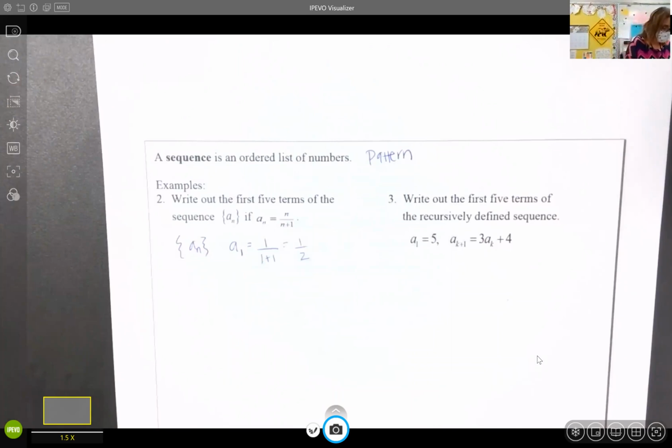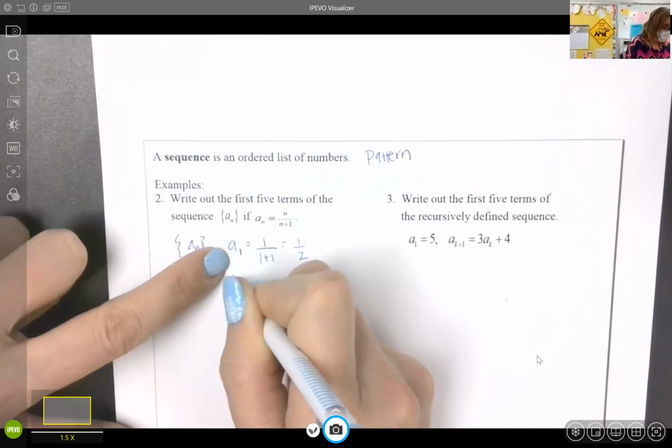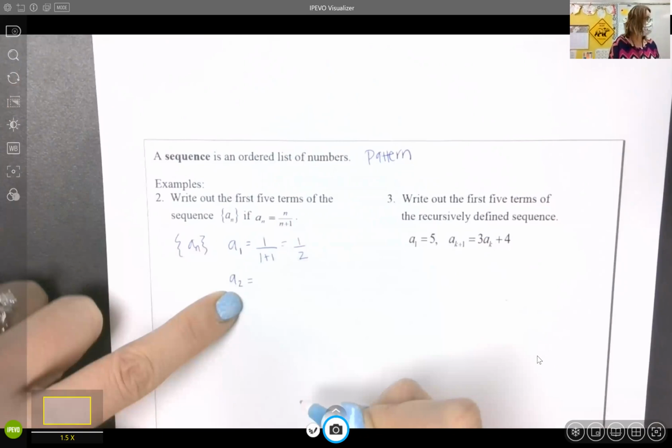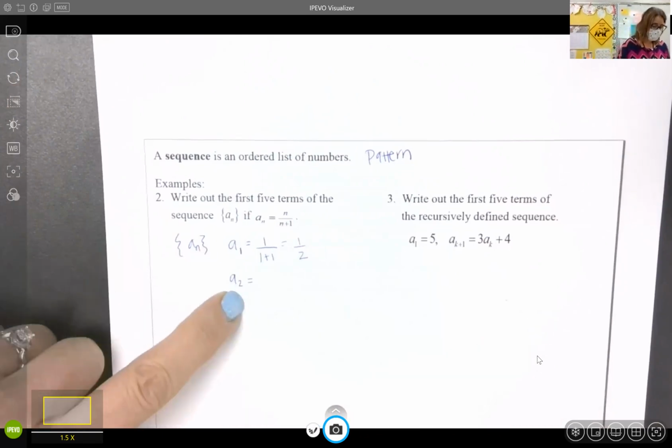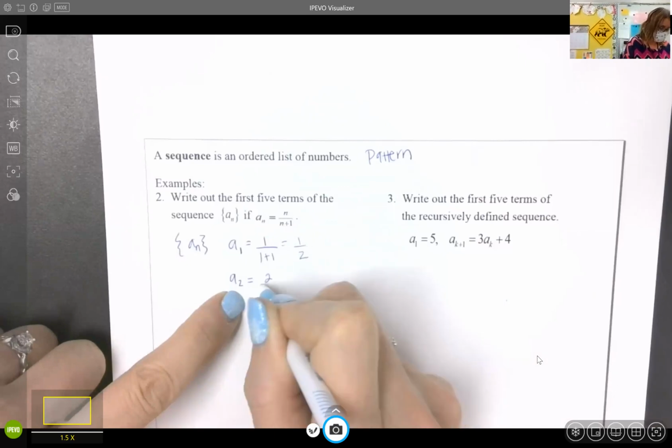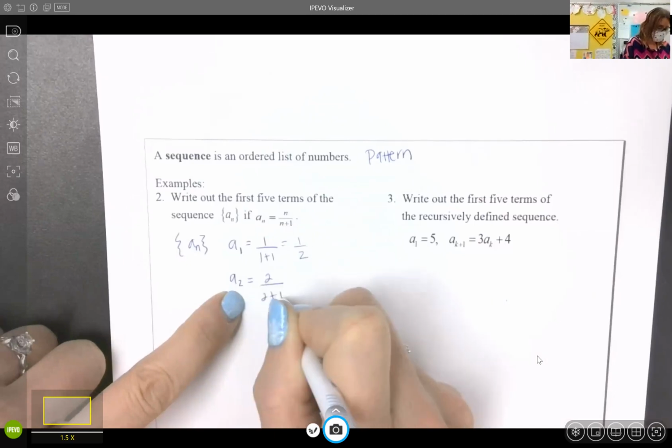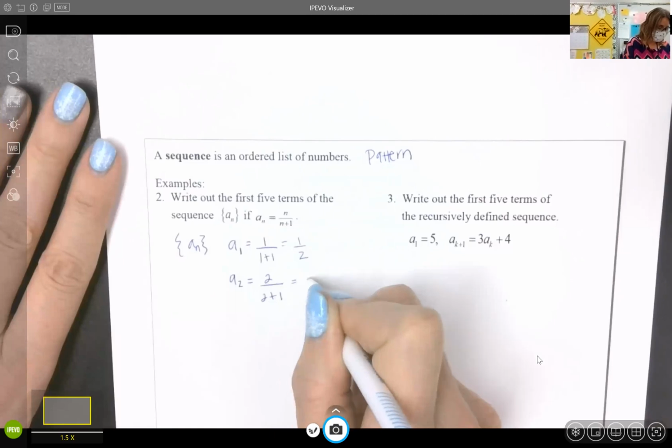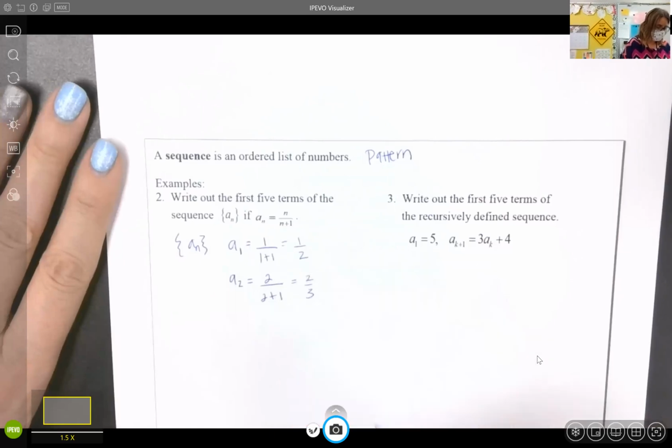Okay, and then if I'm finding A2, which means the second term, okay, because there's a 2 there. Now I'm going to plug in a 2 on top and then a 2 plus 1, right? And that would be 2/3.